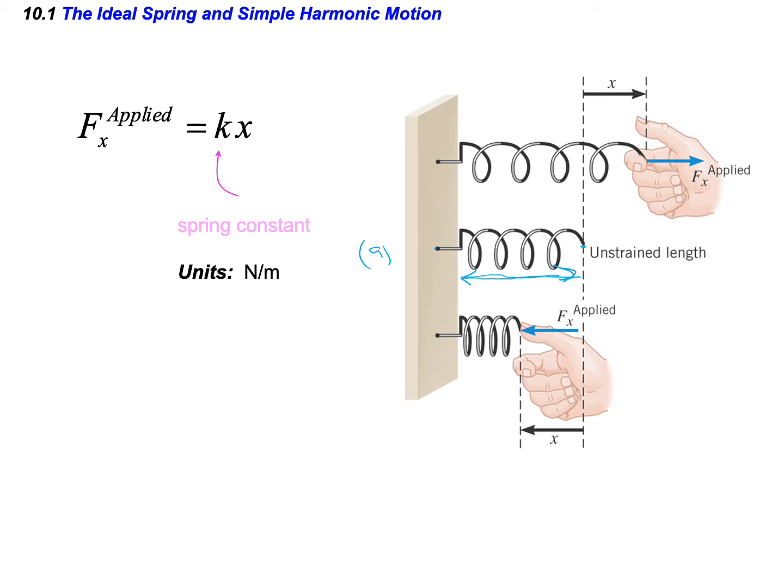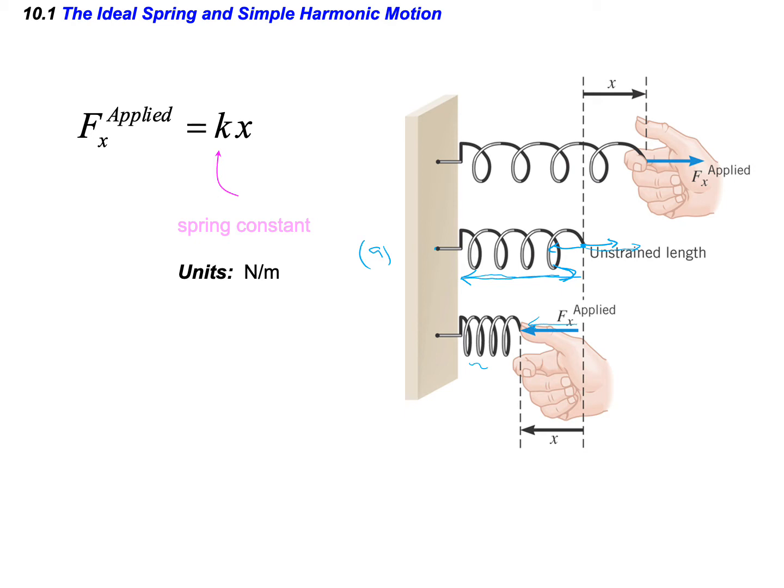We can hold this end, and stretch it or compress it. To move this spring from its unstrained location, we have to apply a force to make it stretch, or apply a force in this direction to make it compress.